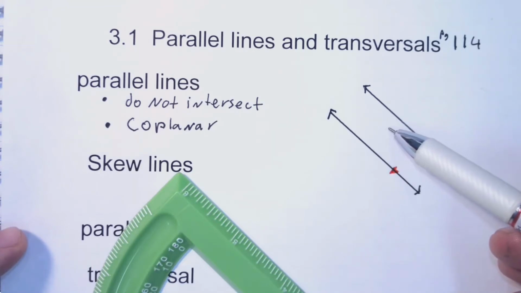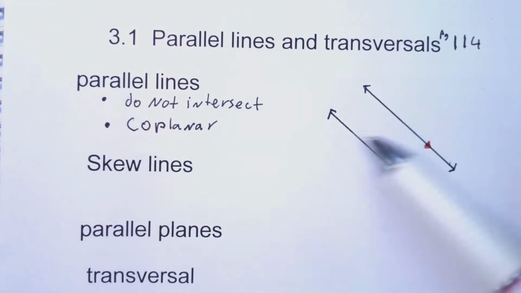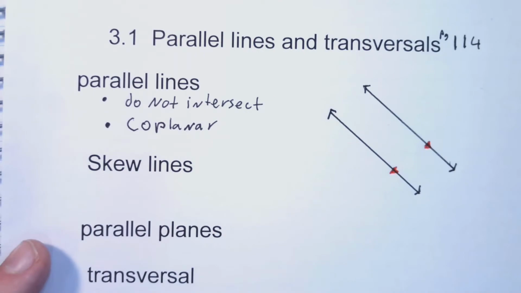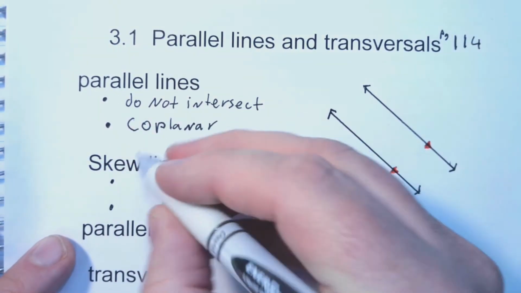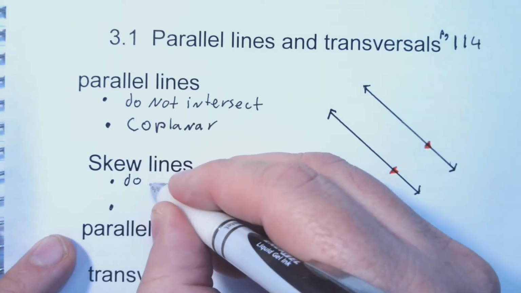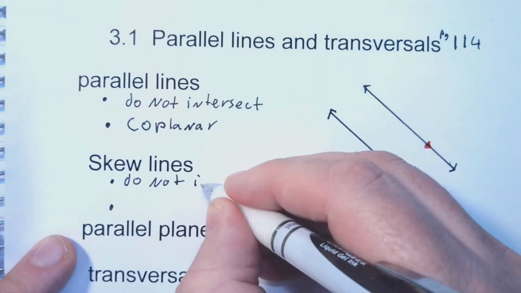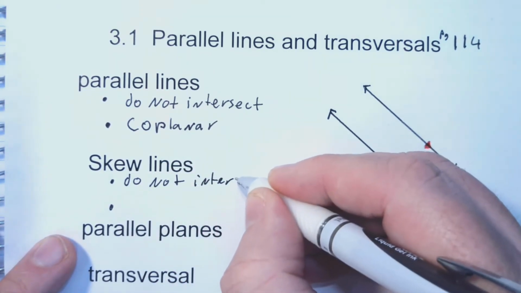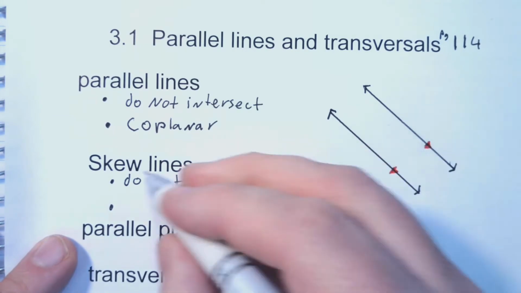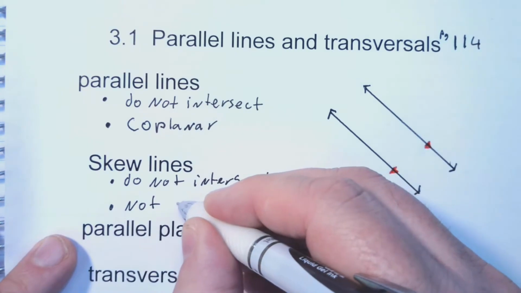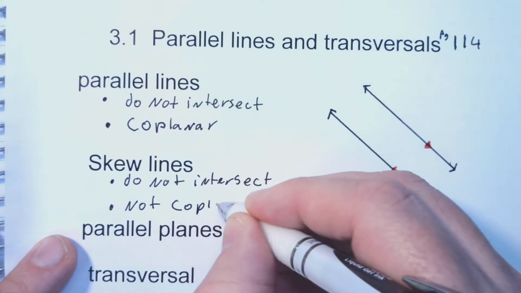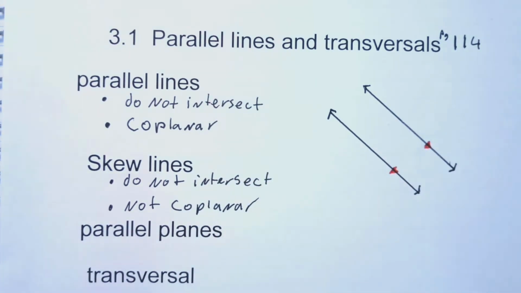A paper is a plane, right? So a skew line, and we're going to do the same bullet points with the skew line, do not intersect. And they're not coplanar.